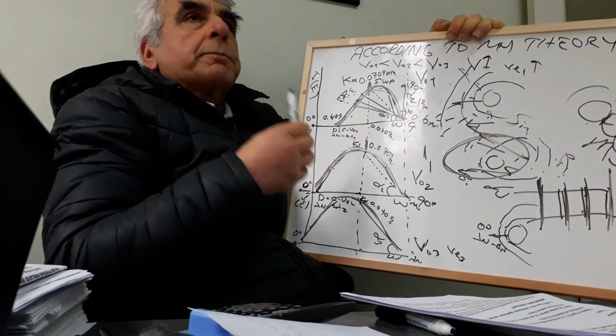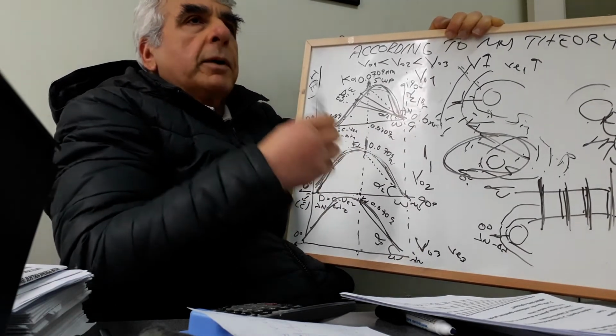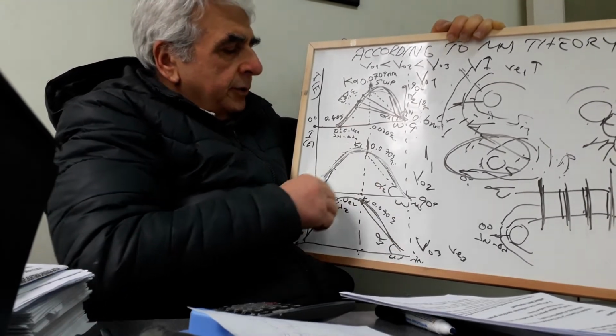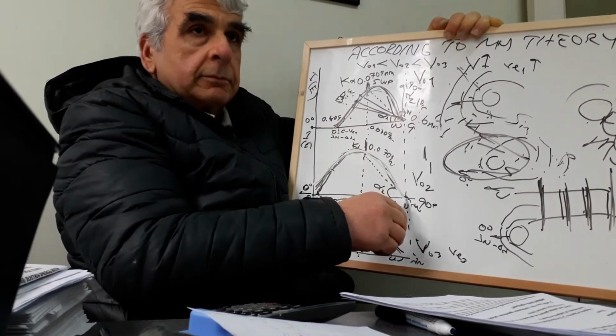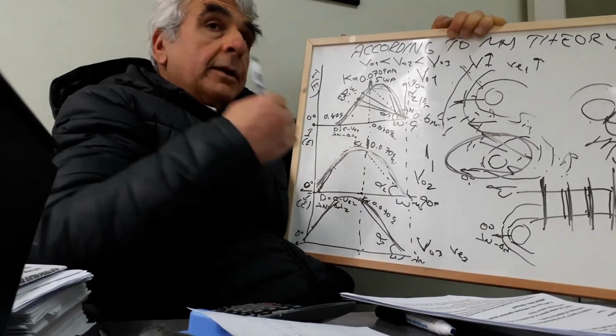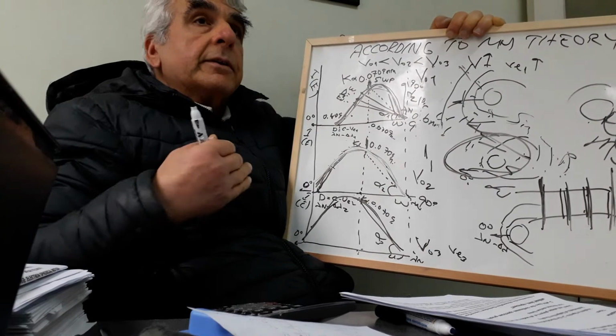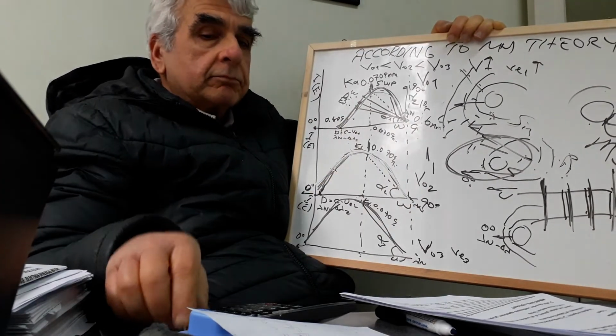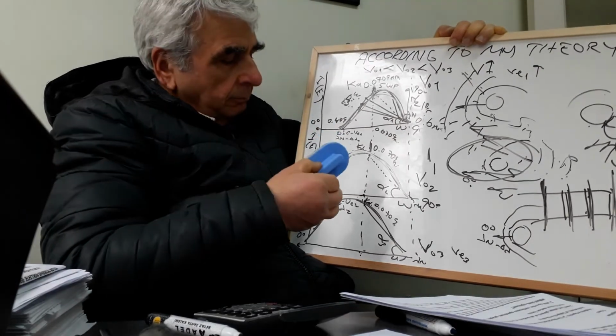They try to explain black body radiation on this continuous graph, but no. And in discontinuity, they try to explain wrong.